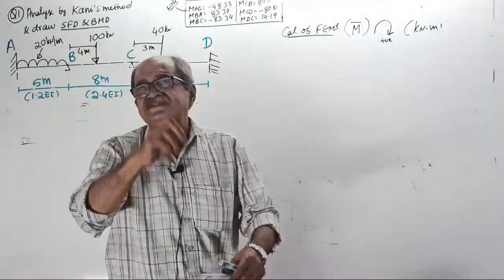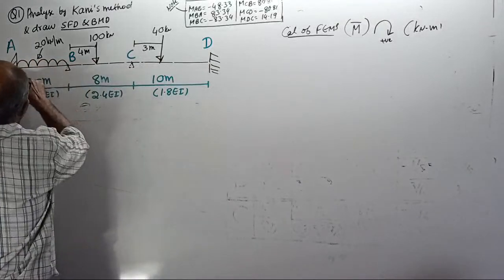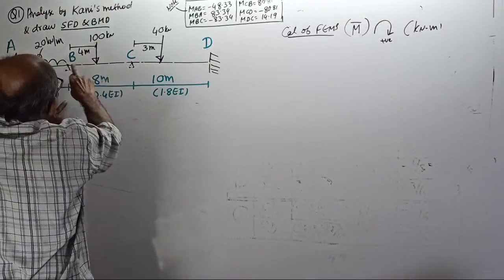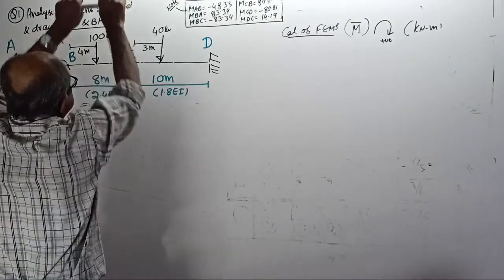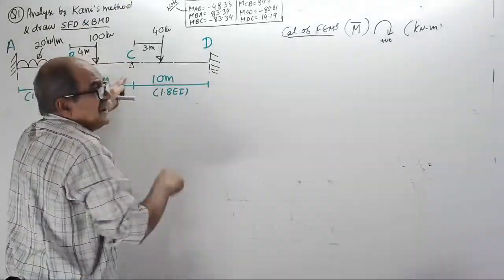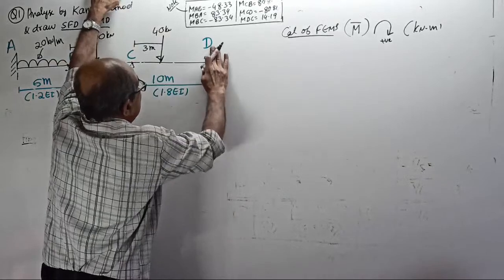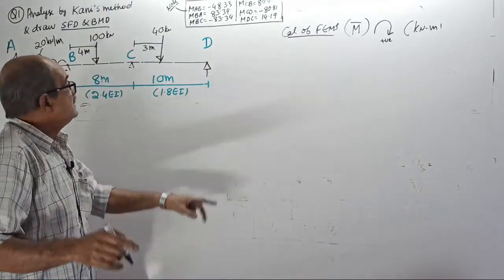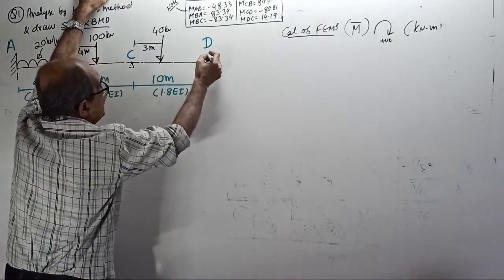Wherever a support is there, both ends are taken as fixed. AB, both ends supported, fixed. BC, both fixed. CD, both fixed. Next class question 2 is like this. There the stiffness will change, but when you do FPM, nothing, fixed only.